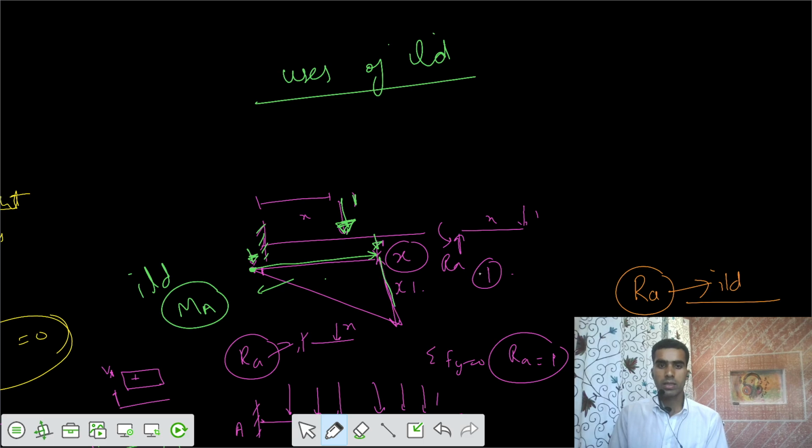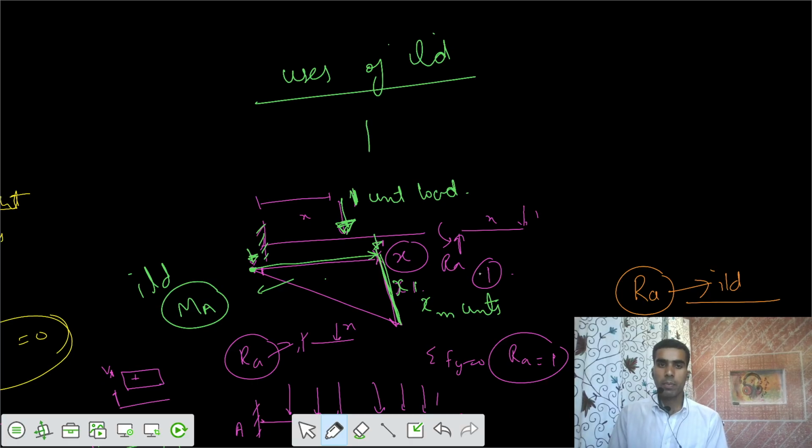If the load was here, the moment developed is equal to x into 1, that's x meter units. That means by applying one unit load, your ordinate here is x.